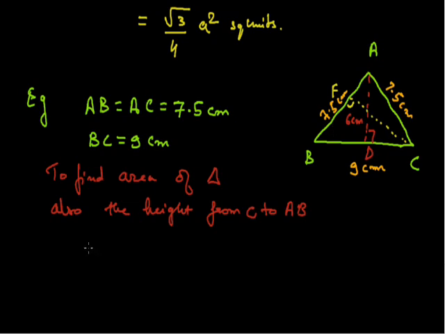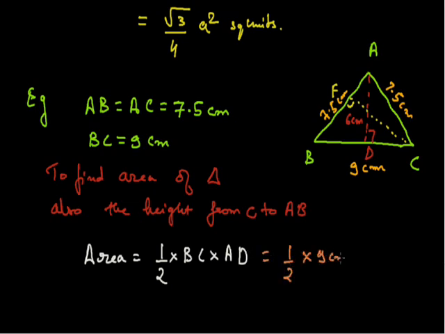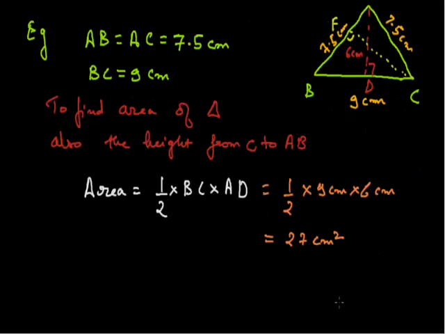So area will be half base, that is BC, into the height, that is AD. Now this will be equal to half into 9 centimeter into 6 centimeter, and it will come out to be 27 centimeter square.